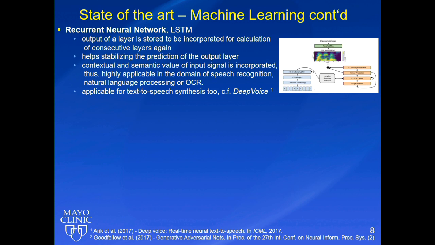That is very relevant in semantic interpretation, as for speech synthesis, speech recognition and natural language processing, where letters or words do not occur in a random order but are an output of some underlying semantic, some underlying grammar.